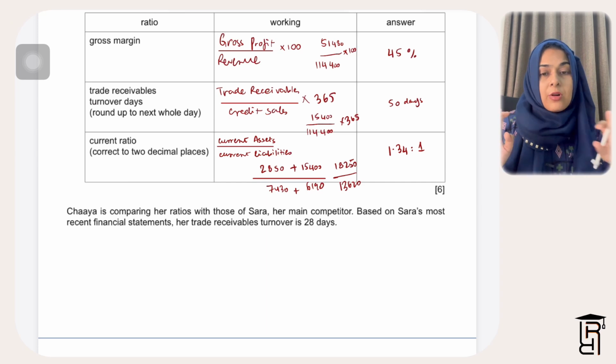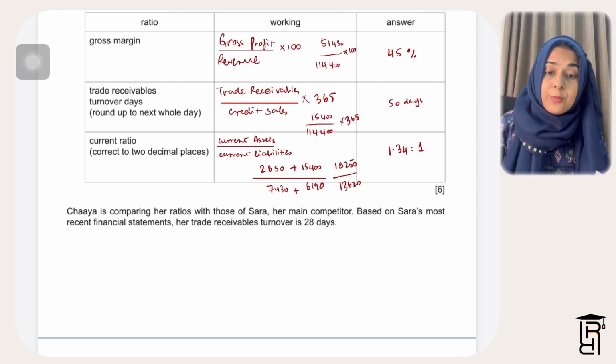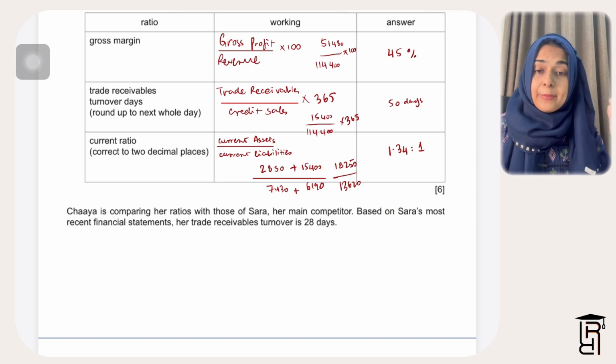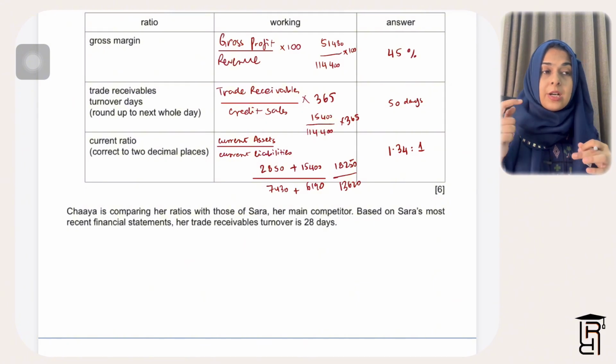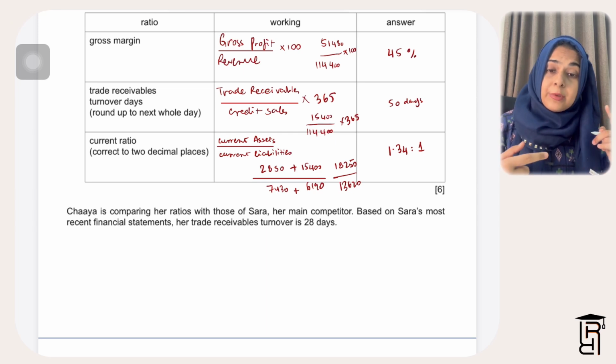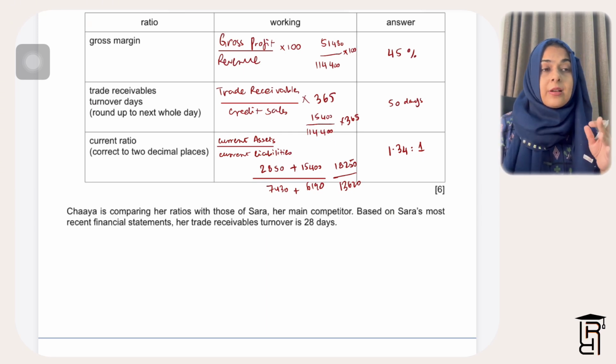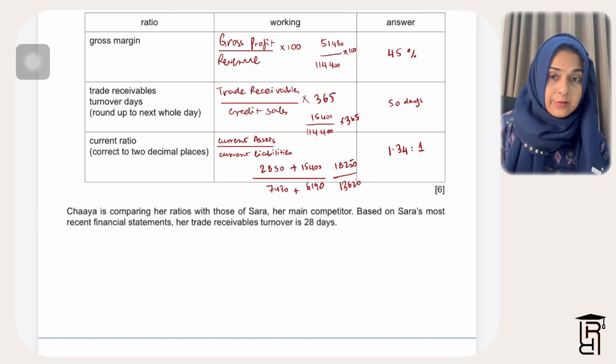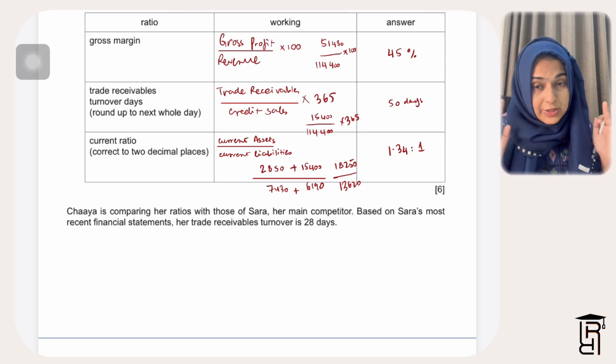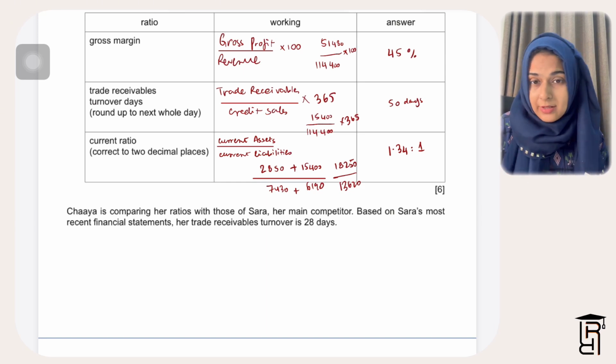If they are taking longer to pay me, it can lead to a lot of problems, like cash flow problems. If my trade receivables are not paying me on time, I don't have enough cash to pay my trade payables. Also, the longer a trade receivable takes to pay, the more chances are that they may become irrecoverable debts, which we don't want. We don't want our customers to take our money and run away.